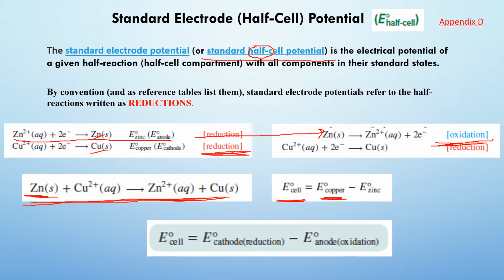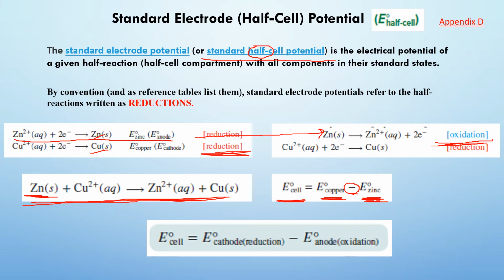That reverse generates this negative sign. So for the value here, we don't need to change the sign. If this value is negative in the table, we still use that negative value, because the reverse process has been taken care of by this minus sign.